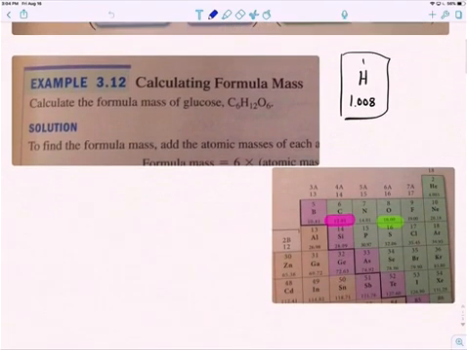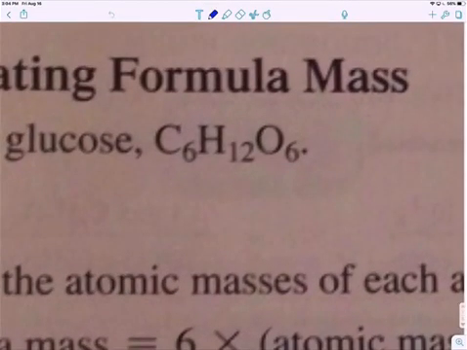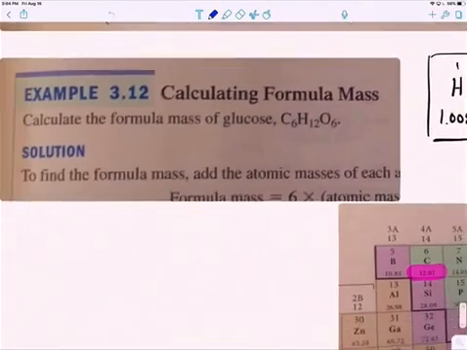and do that for each subsequent element. So let's start out by doing it for glucose. One thing to note, these subscripts: C6 means there are 6 carbons, H12 means there are 12 hydrogens, and O6 means there are 6 oxygens.